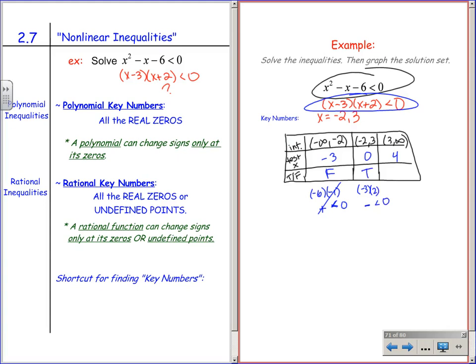True. And if I plug in 4, I'm going to get 1 times 6, which is a positive number, not less than 0. False. Guess what? The solution is x is within -2 to 3. Why open? Because it was just less than, not or equal to, the zeros.